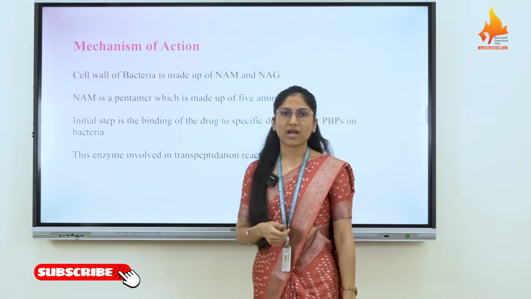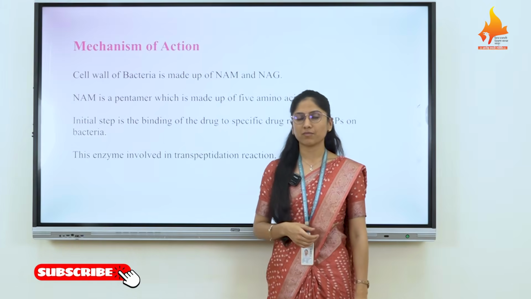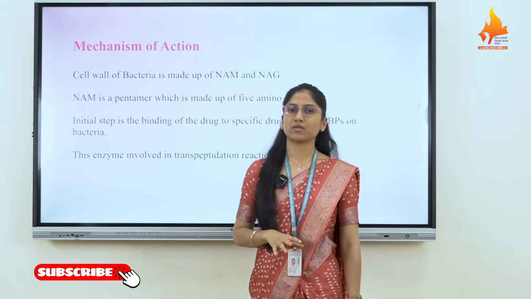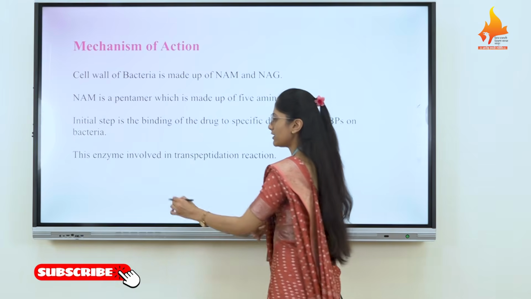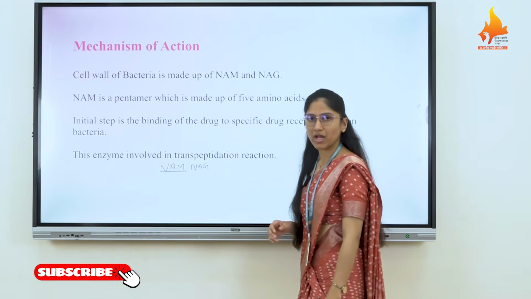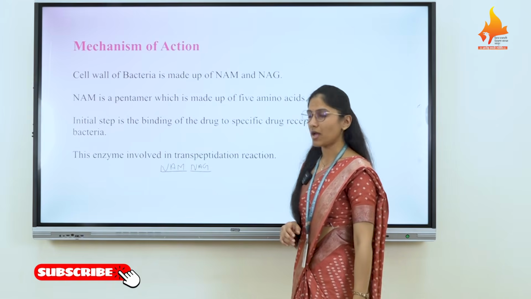The mechanism of action. We know that the cell wall of bacteria is made up of peptidoglycan, and peptidoglycan consists of two subunits, NAM and NAG. NAM is N-acetylmuramic acid, and NAG is N-acetylglucosamine.